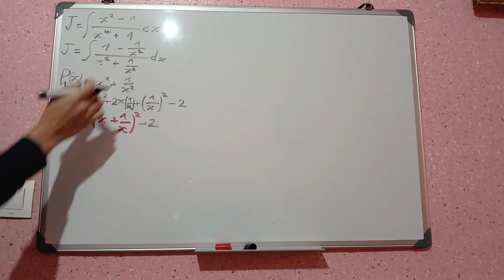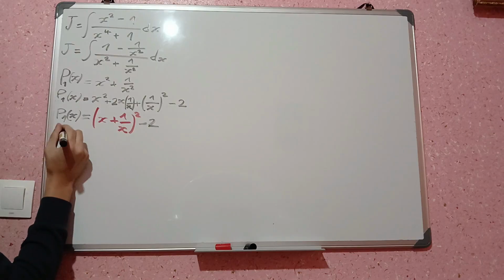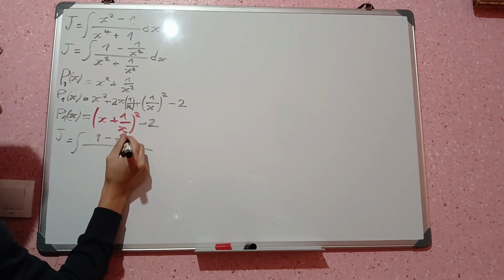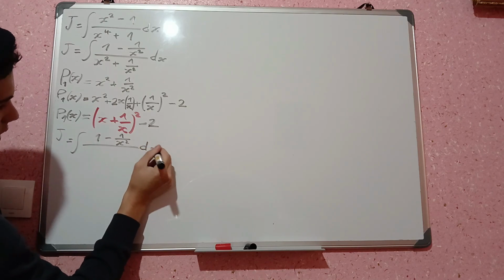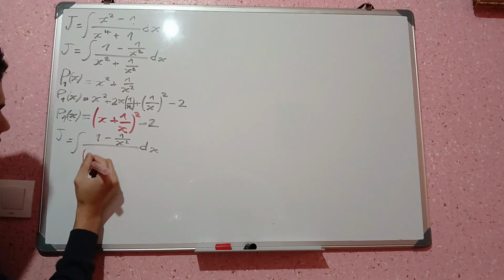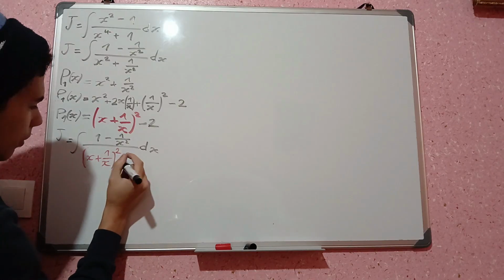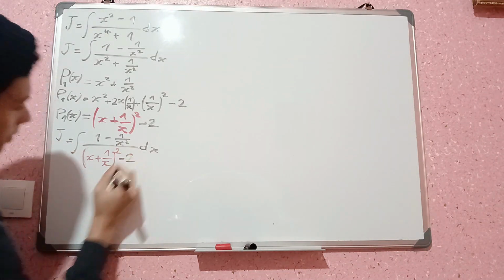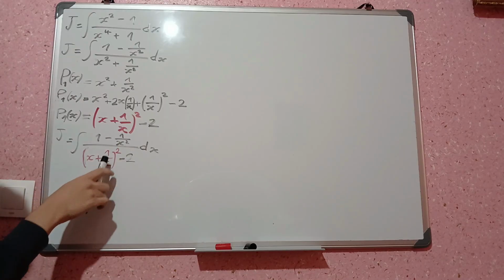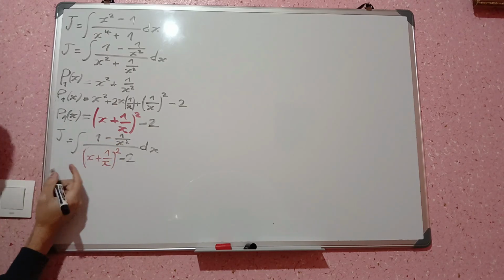We have g equals the integral, where the numerator remains the same, and the denominator becomes (x plus 1 over x) all squared minus 2. Alright, now we see that the derivative of x plus 1 over x is 1 minus 1 over x squared. So let's use a substitution.